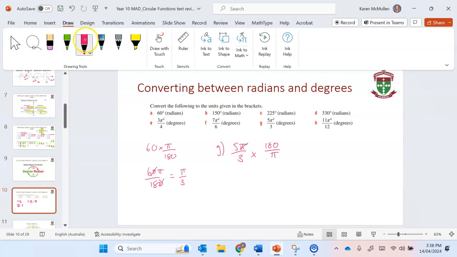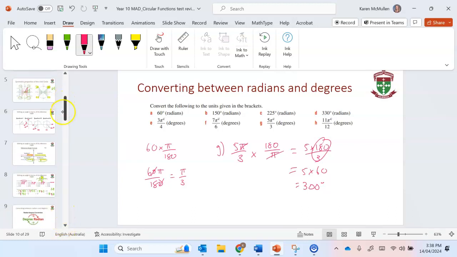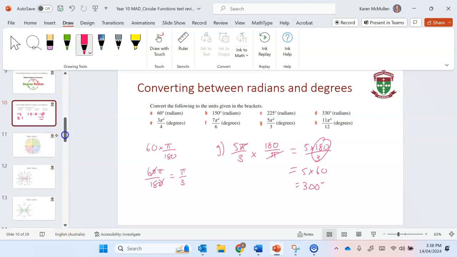So our pi's cancel out. Now we've got 5 times 180 over 3. You can simplify this first. So 180 divided by 3 is 60. So that gives you 300 degrees. All right, let's move on. I'm just conscious of how long this video is going.